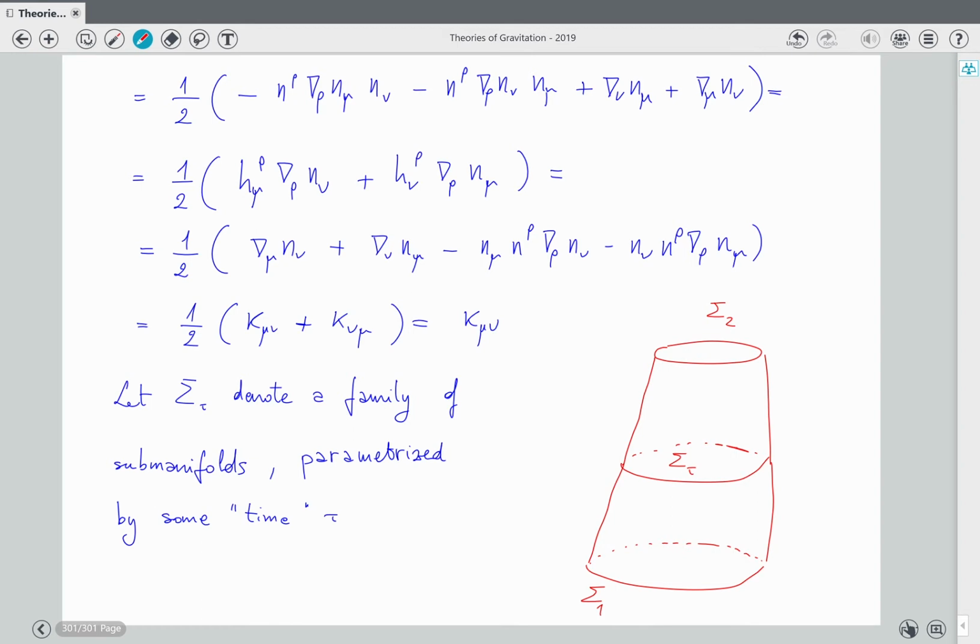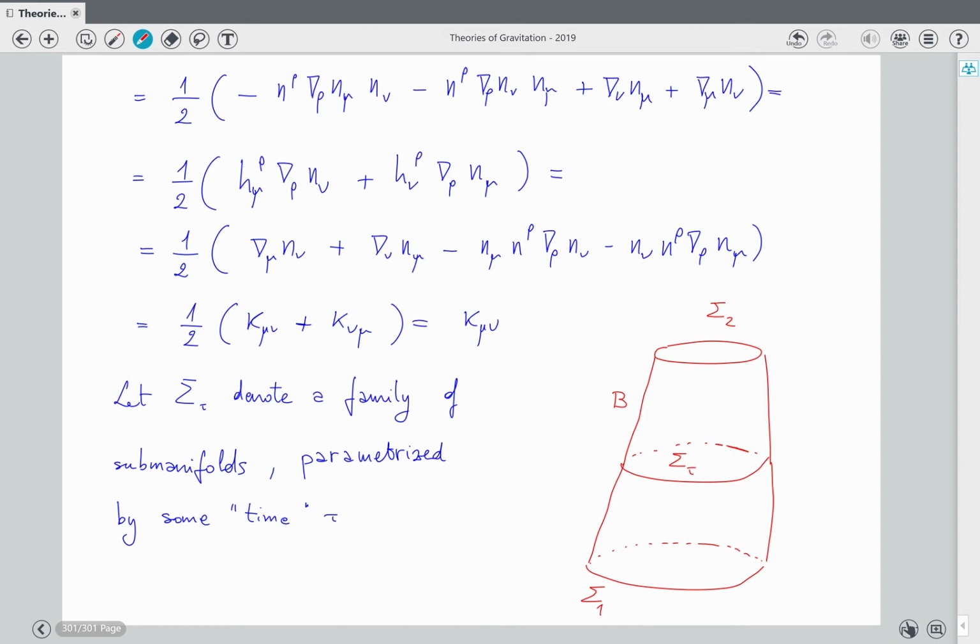Imagine this as space, sigma could be space, R3 evolving in time. But we compactify it somehow, so it's just a disk in this picture. Sigma 1 is the disk at time 1, and B is the side boundary of this.